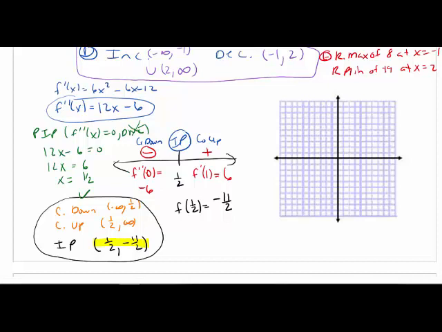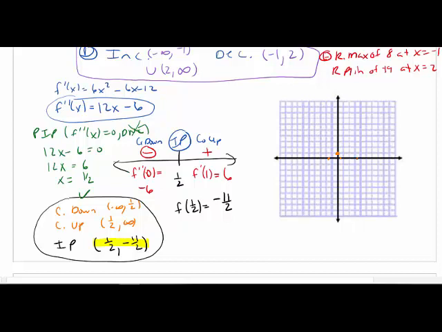So we had a y-intercept at (0, 1). We had an x-intercept at -1.816. We had one very close to 0. And we had one at 3.2. Really close there.